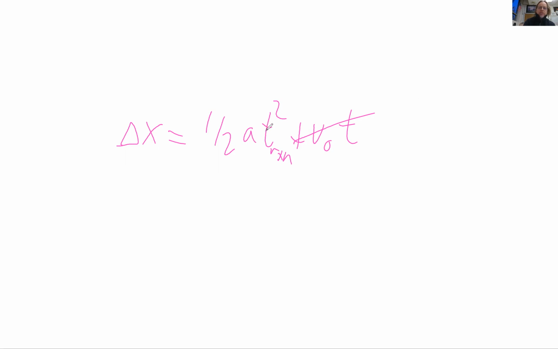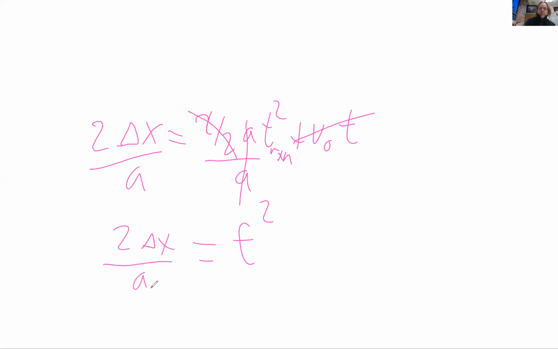So solving for the t, I times 2 on both sides. That's gone. Divide by the a. That's gone. So t squared. And to find the time, we got to get rid of that pesky square root.